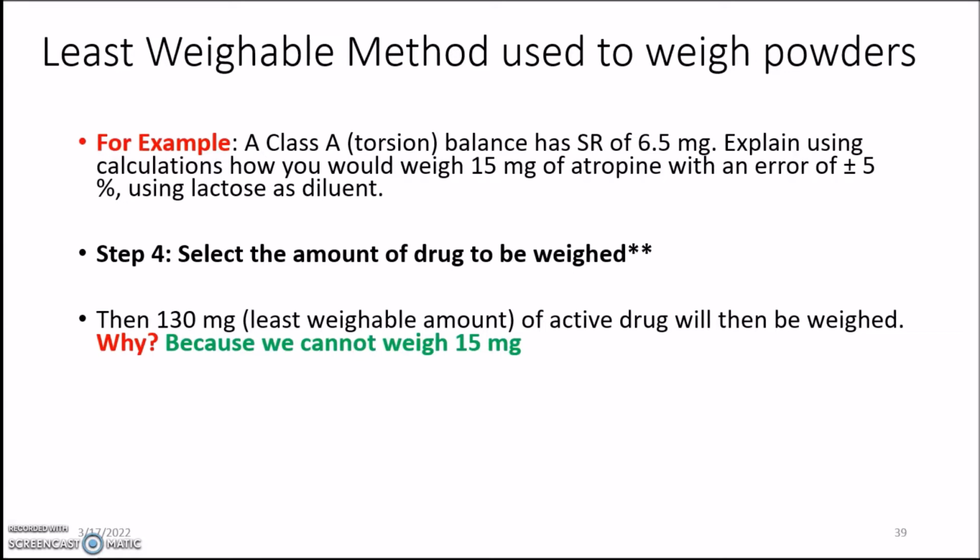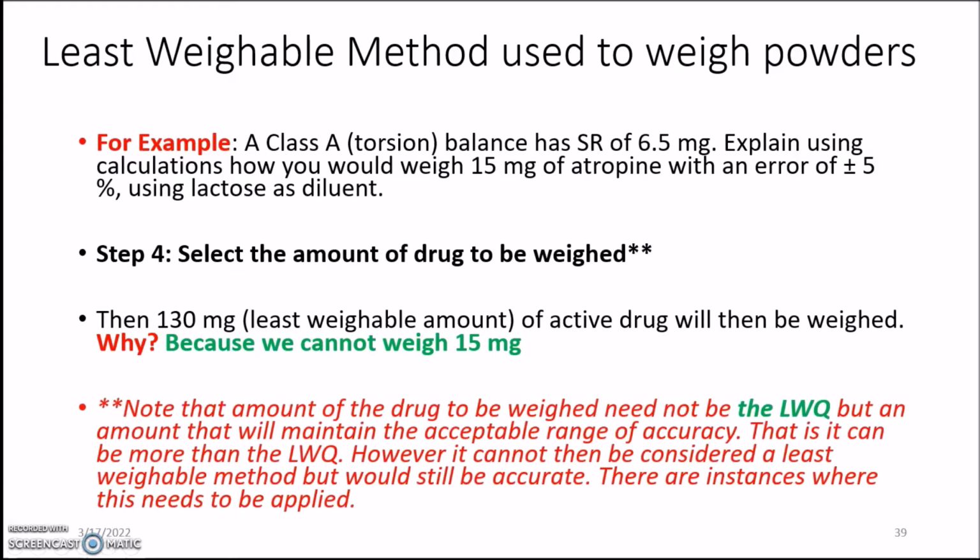This we know can be weighed. Why are we weighing 130 milligrams? Because we can't weigh 15 milligrams. I can't overemphasize that. We are choosing what to weigh. And the mere fact that you're choosing to weigh 130 milligrams, which is equal to the least weighable, makes this method the least weighable method. Okay?